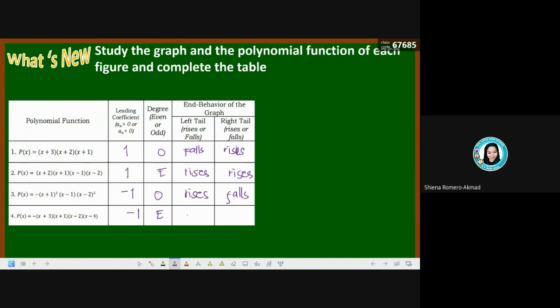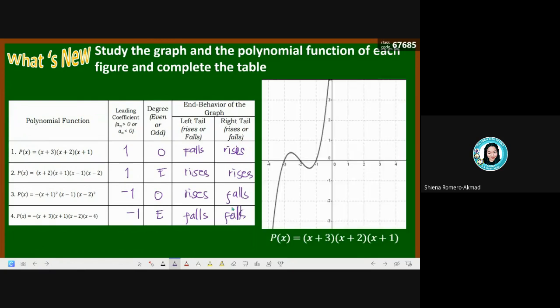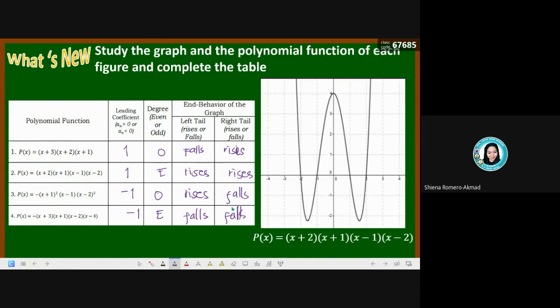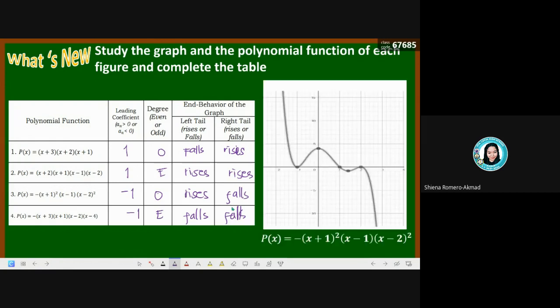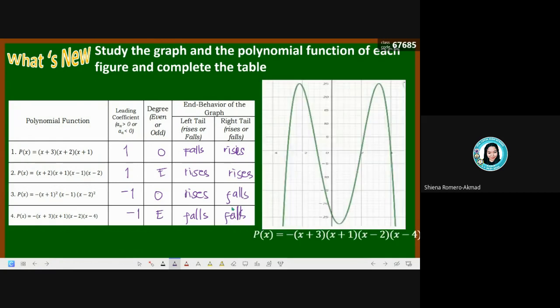And ito naman, both falls. Okay, so there are 4 cases of leading coefficient test.